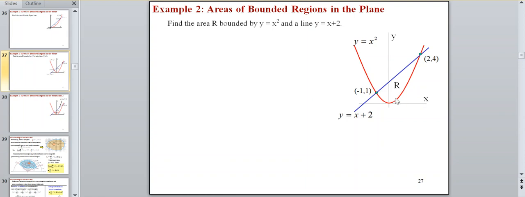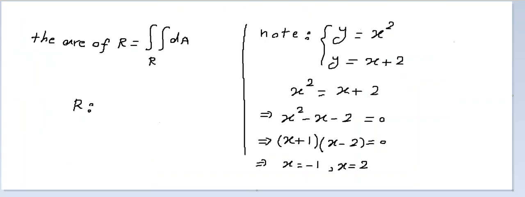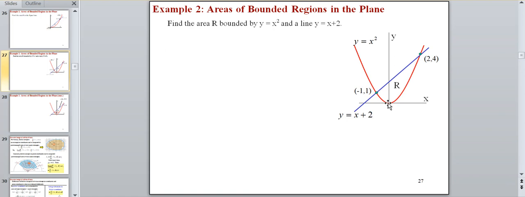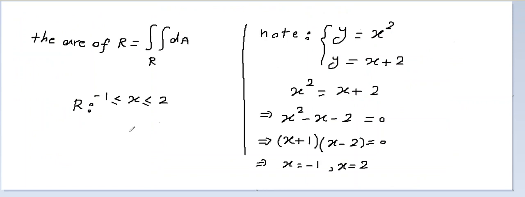And y is from the parabola, it means x squared, to the line, it means x plus 2. So now we can describe the region R. So x is from minus 1 to 2, and y is from x squared to x plus 2.